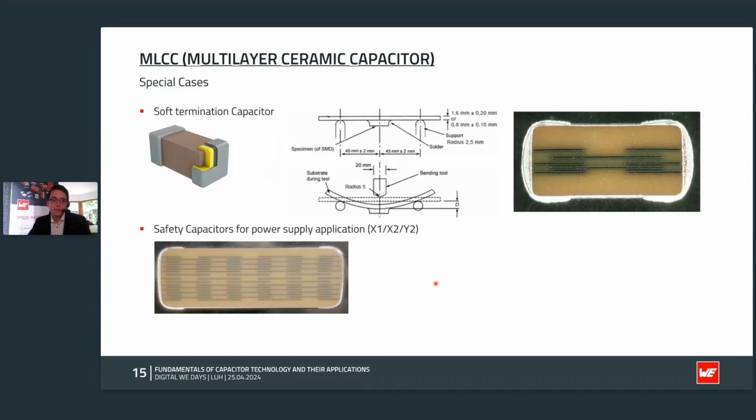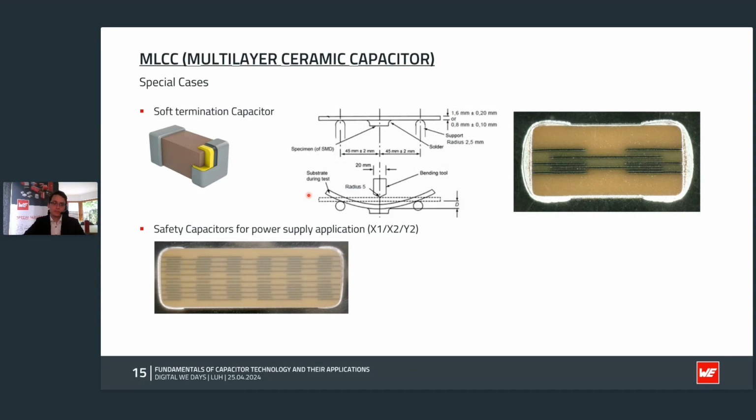So let's talk a little bit more about special types of MLCC. For example, as I already mentioned, there are some limits for MLCC. If you make an MLCC as big as possible, it is a ceramic material, and if you have some vibration, for example, then this ceramic material tends to show some cracking or something like this.